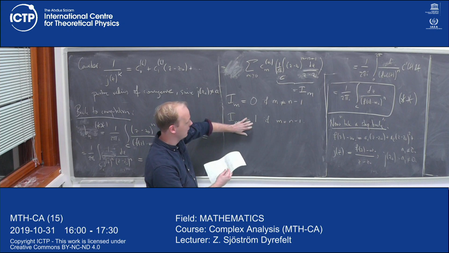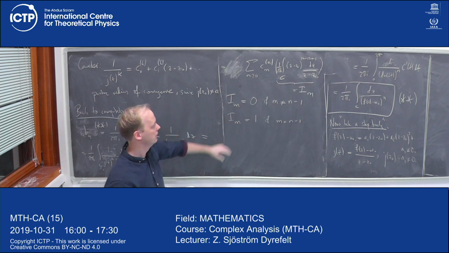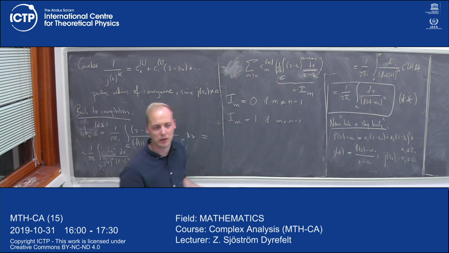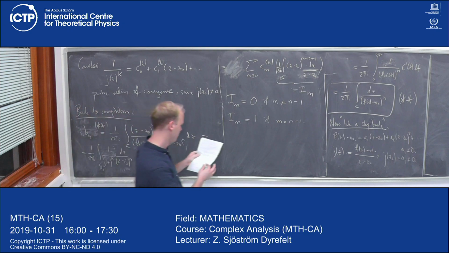This is, of course, because then it equals the integral of dz over z minus z0 times 1 over 2 pi i, which is 1. This is the classic logarithmic thing we've seen many times.